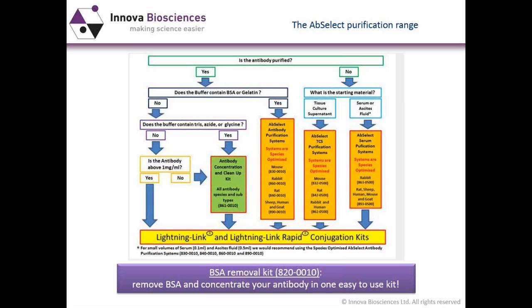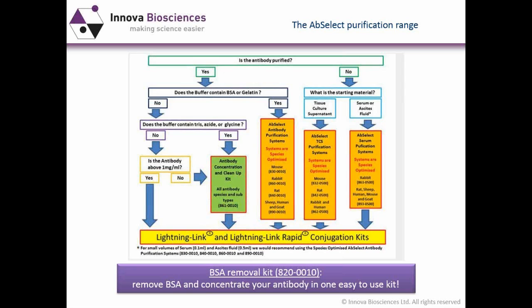So with these products, you avoid the need for expensive pumping systems, recording systems, etc. All you need is often a centrifuge, and you'll be able to perform the purification that you need. These kits are all designed at small volumes, particularly in relation to being able to prepare antibody for conjugation. Obviously, that purified antibody can be used for a whole range of other applications as well.